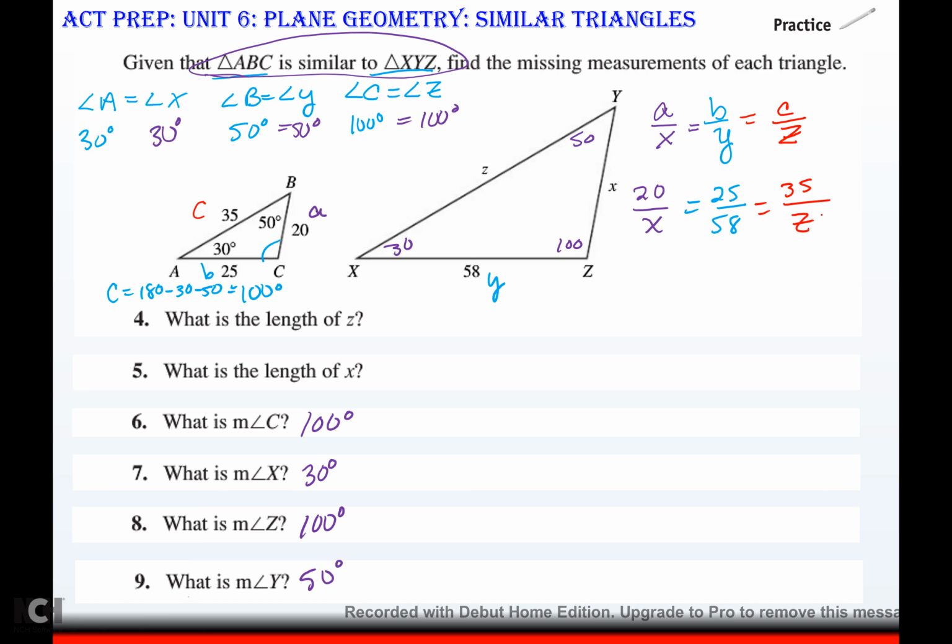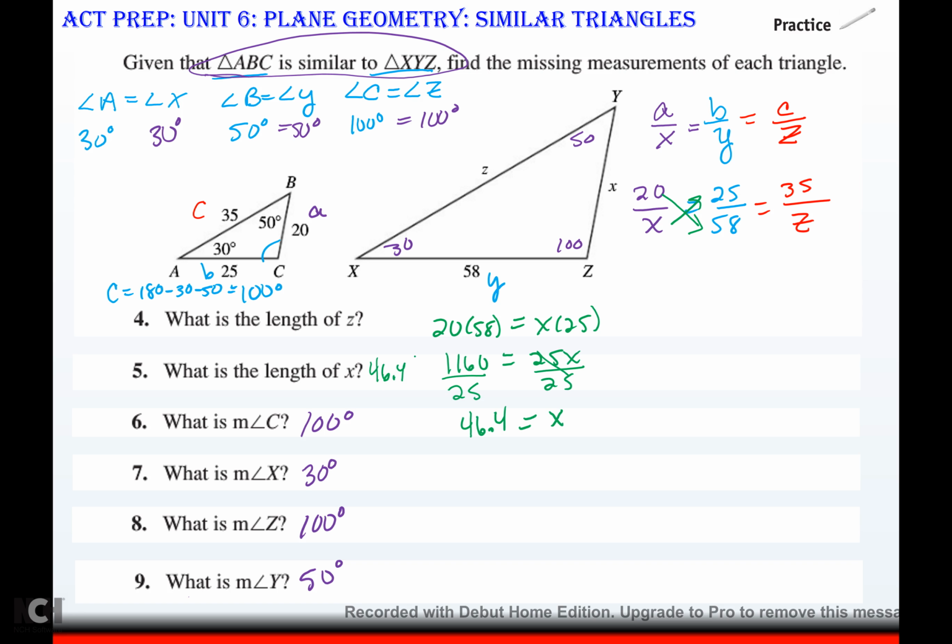So they want x and z. To find x, I'm going to solve this proportion, which would give me 20 times 58 has to equal x times 25. That's going to give me 1160 equals 25x. Divide by 25, divide by 25, and I get x equals 46.4.